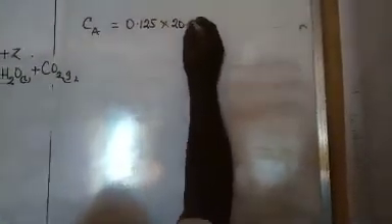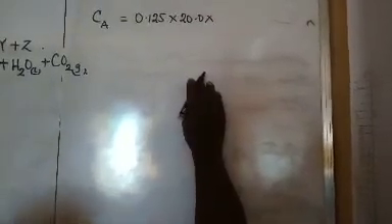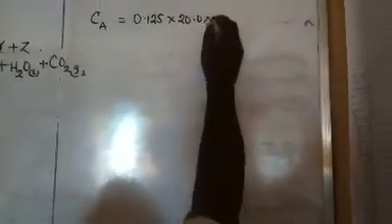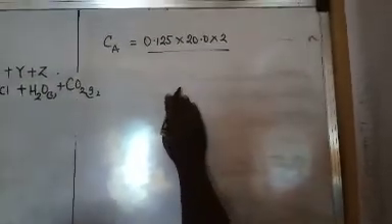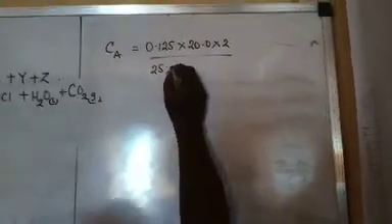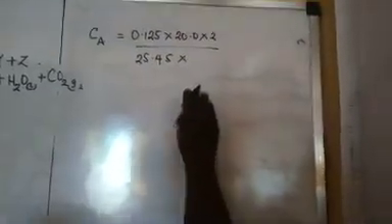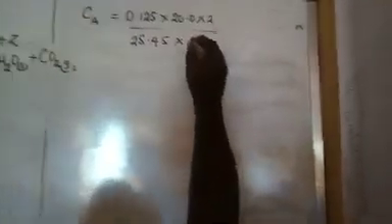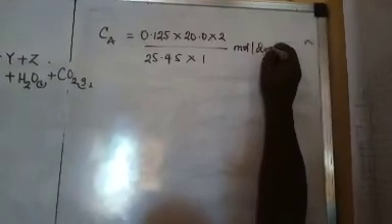So from here we have 0.125 multiplied by the volume of base, 20.0, times the mole ratio of acid, 2, over the volume of acid, the titre value, 25.45, multiplied by the mole ratio of base, 1. This is in mole per dm cube.